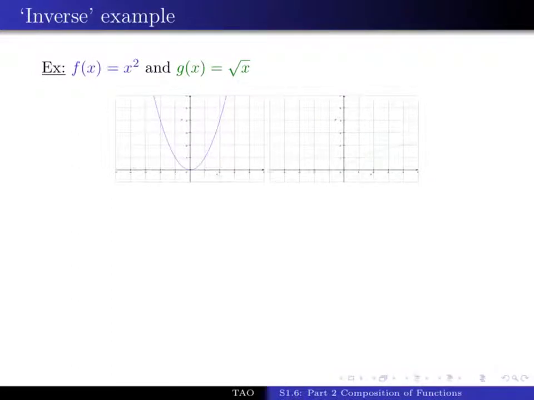All right. Let's look at an example where we get sort of an inverse. Here we're going to have our classic quadratic, x squared, and our classic root, square root of x. Now, square root of x only works for x greater than or equal to 0. This will have implications here.